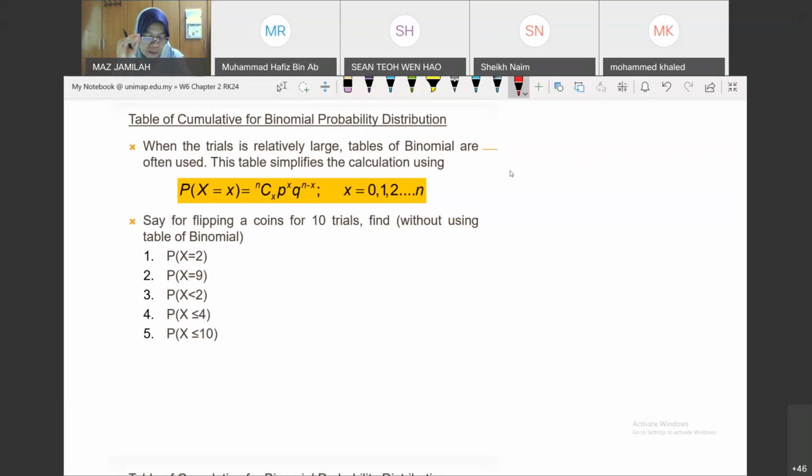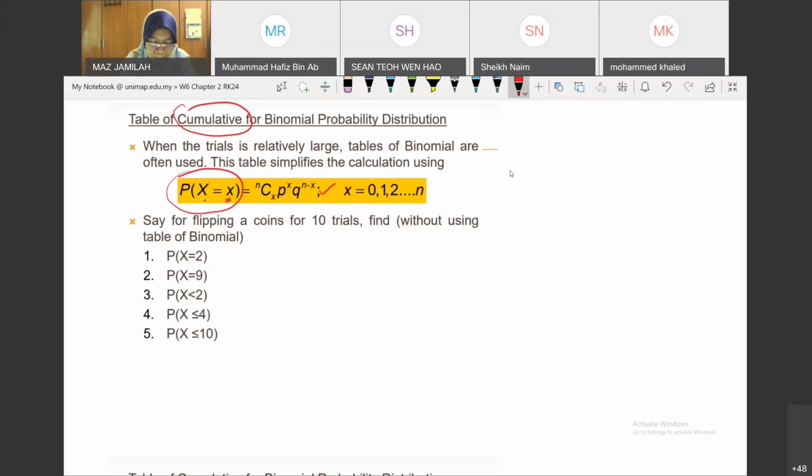So now, I want you to understand the term cumulative probability distribution. Okay, class, we know that we can find or calculate the probability for exactly one certain value of the random variable, you can always use this formula to calculate.